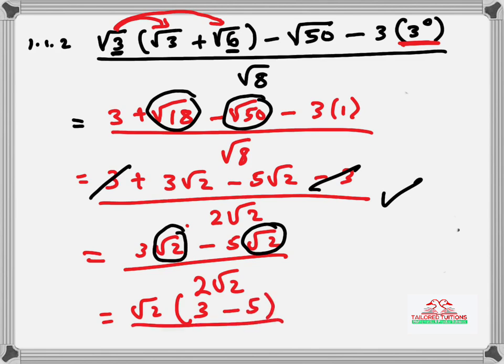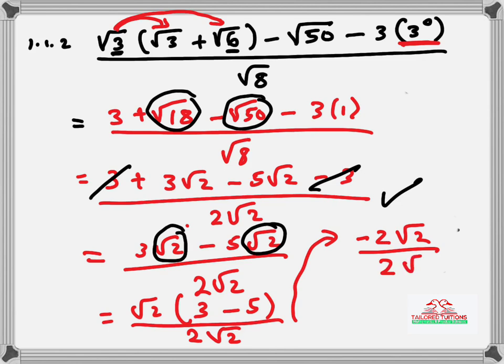Remember with the denominator you have 2 square root of 2. Now 3 minus 5 is going to give you minus 2. Remember that square root of 2 also is a common factor, and with the denominator you still have 2 square root of 2. That means your final answer here is, you can simply divide those two, so your final answer is -1.